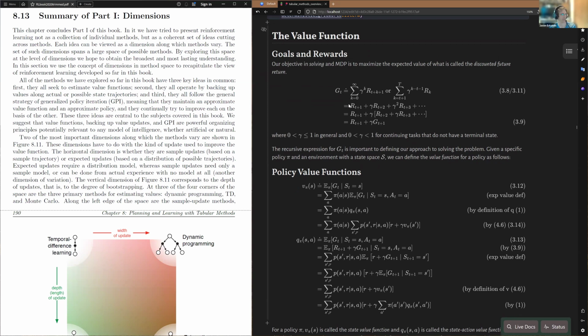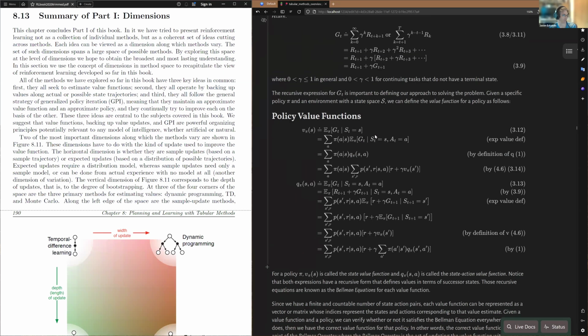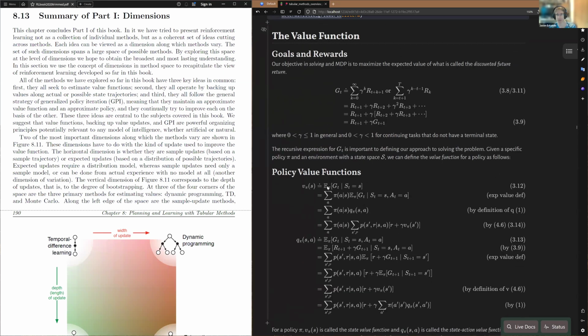Because this directly ties into the definition of the value function. The value function is just the expected value of G. There are two main types of value functions discussed in the book. The first is the state value function, defined as the expected value of G given that we're in a specific state at time t.